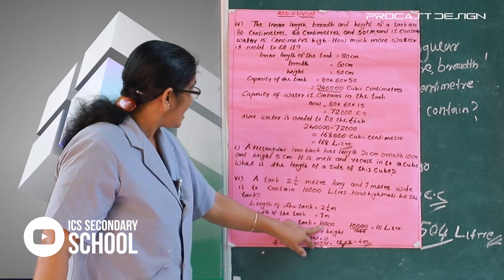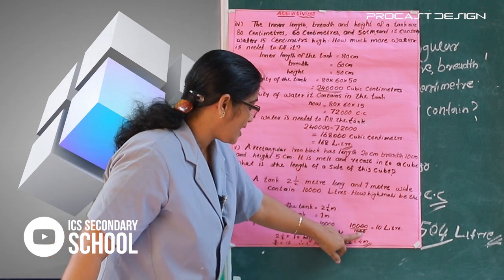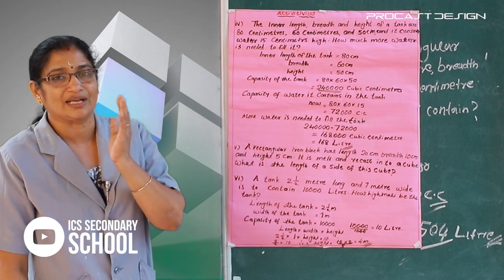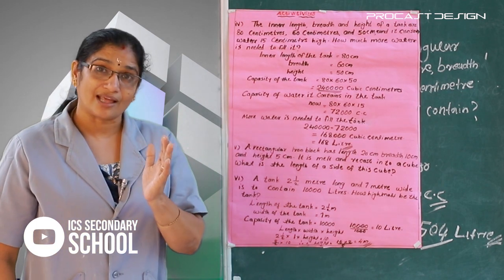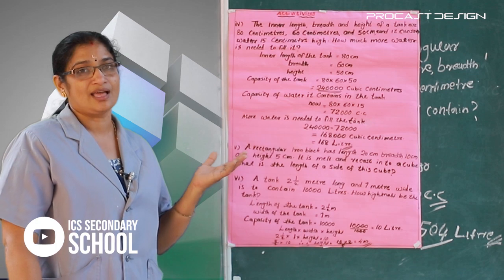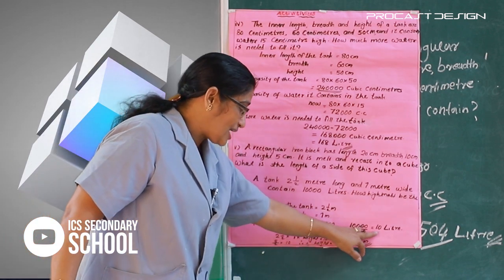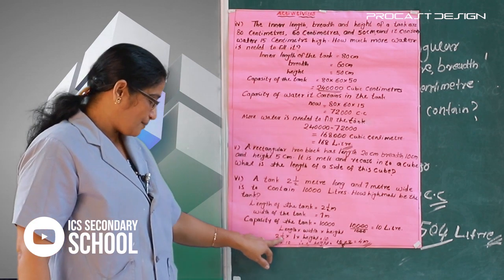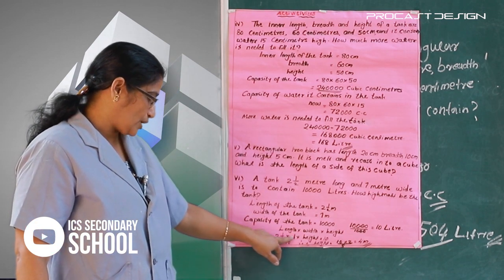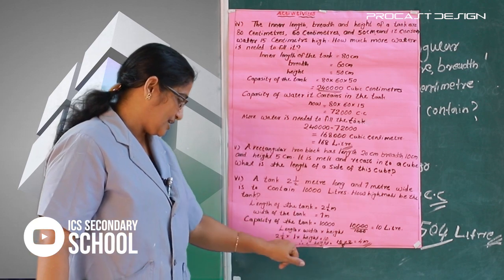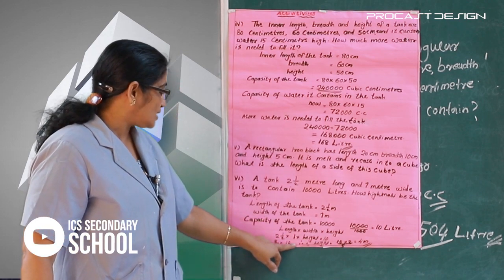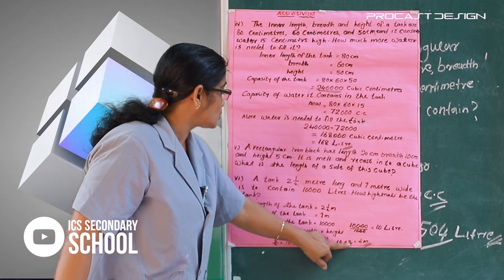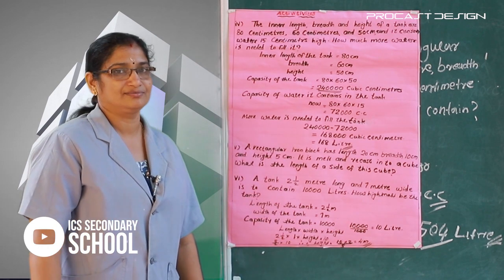The capacity of the tank is 10,000 liter, divided by 1000, then we get 10. Length into breadth into height: 5/2 into 1 into height is 10. So the height is 10 into 2 by 5, which is 4 meter.